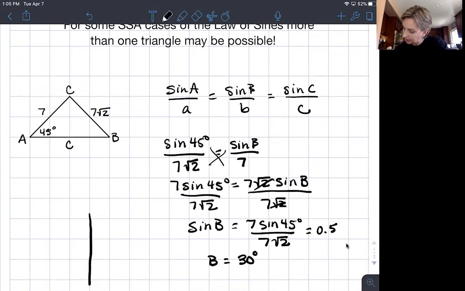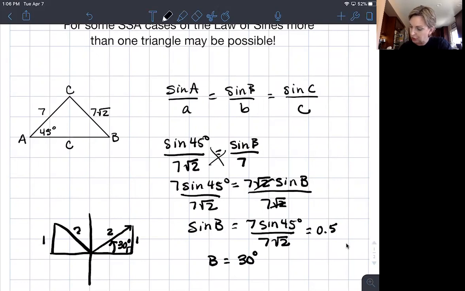Okay, if we think about our quadrants here, 30 degrees has a sine of 1/2, right? Sine is opposite over hypotenuse, right? 1/2. But over here in quadrant 2, opposite is 1, hypotenuse is 2, the reference angle is 30, and the angle is 150.